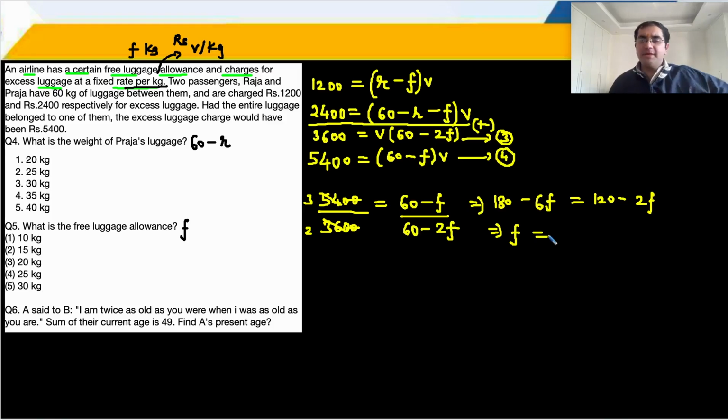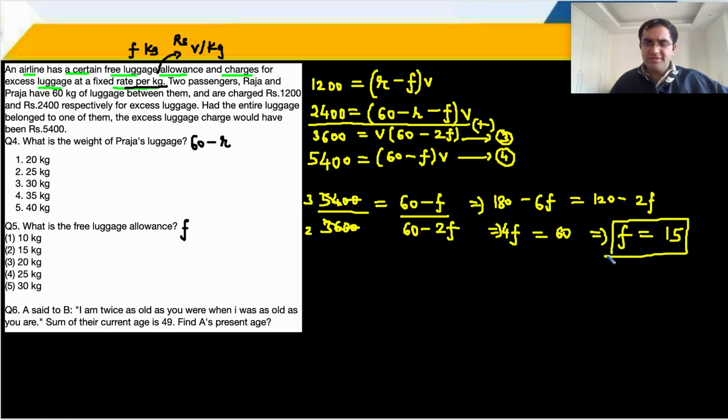Finally we get 180 minus 6F. So 6F goes over here and it becomes 4F. 180 minus 120 is 60, which implies F is equal to 15. One answer has come as soon as F is equal to 15.